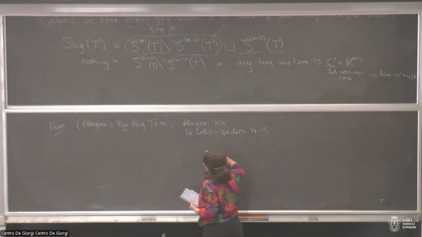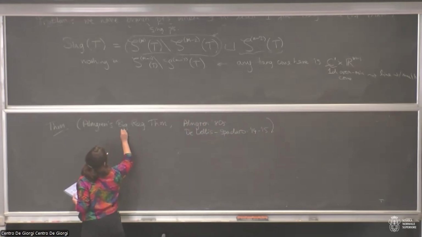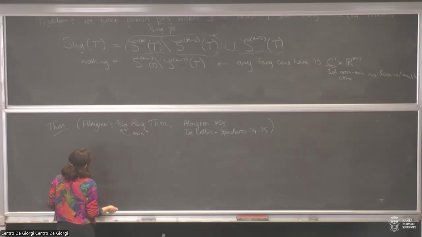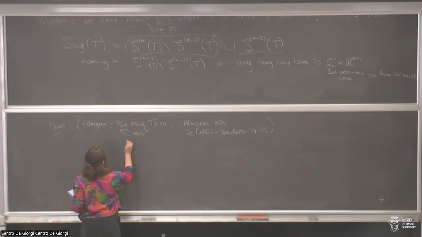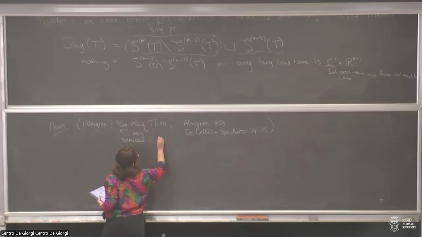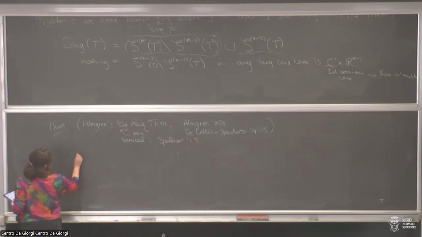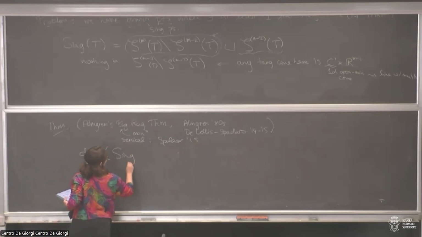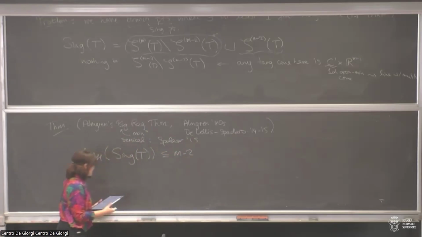And since I'm also going to discuss the semi-calibrated case, so this is for minimizers. And for semi-calibrated, the dimension estimate was work of Lucas Paolo in 2015. And it's saying that the Hausdorff dimension of the whole singular set is at most n-2.